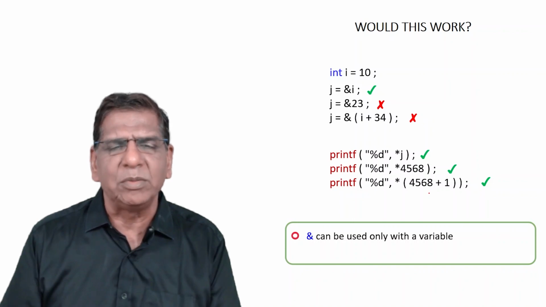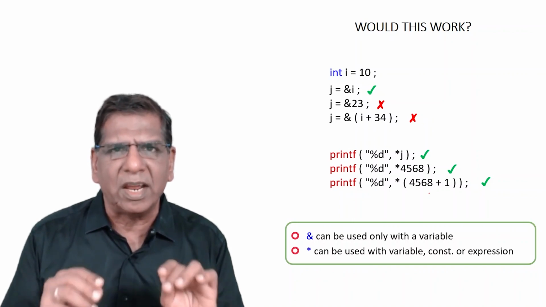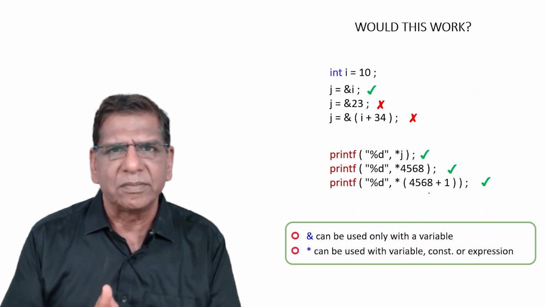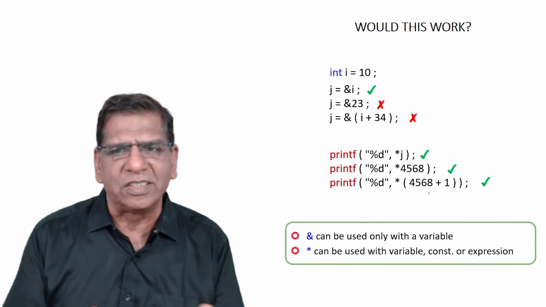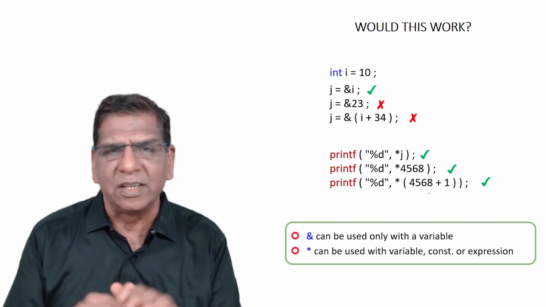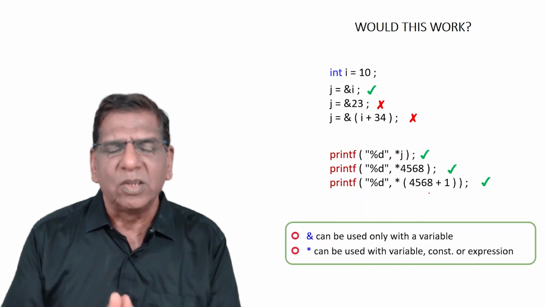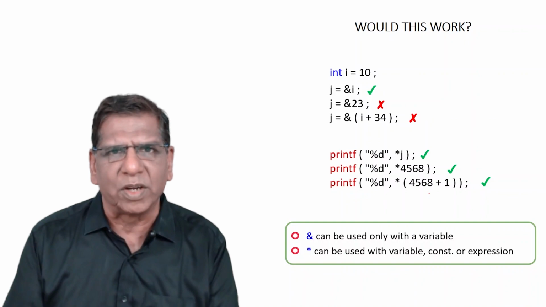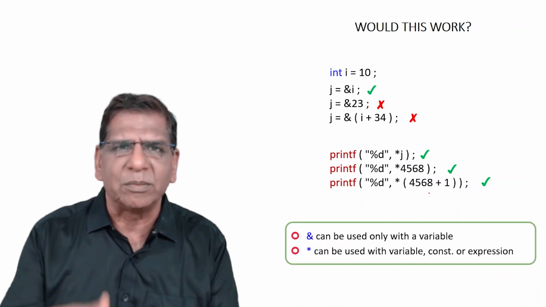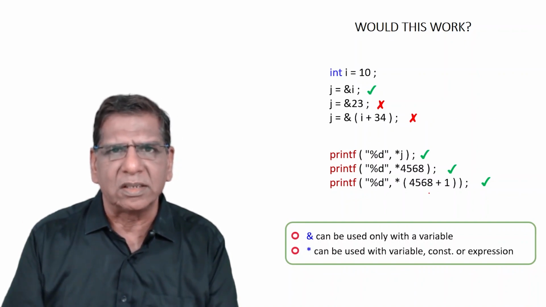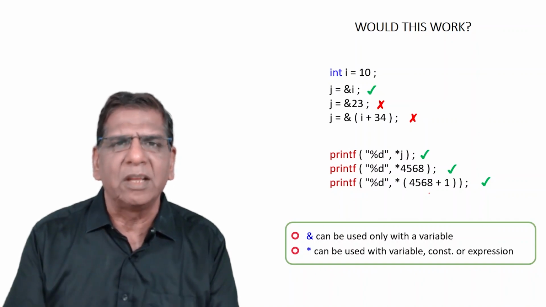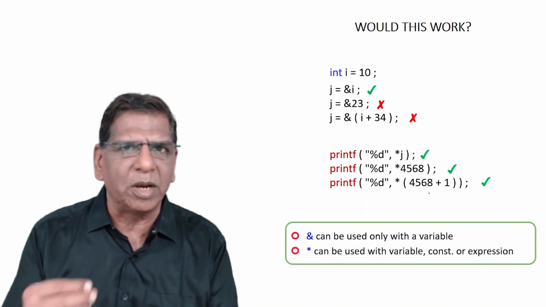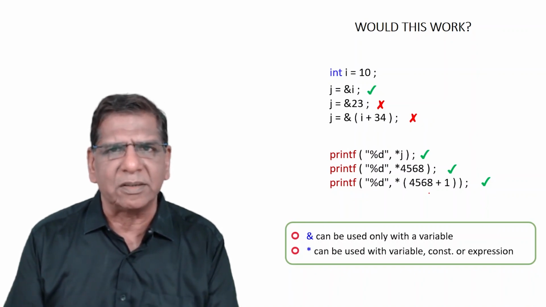Unlike that, star can be used with a constant, a variable and an expression. Don't immediately start typing *456 or *(456 + 1). They would not straightaway work. You'll have to do something more for them to work. What is that something more? We'll see as we go along. But as of now, understand that & can work only with a variable, whereas star can work with a variable, constant as well as an expression.